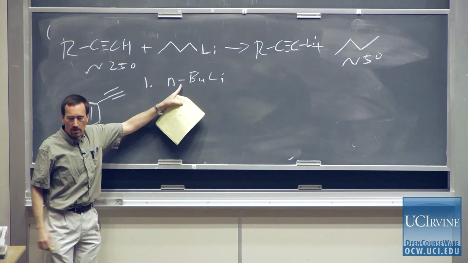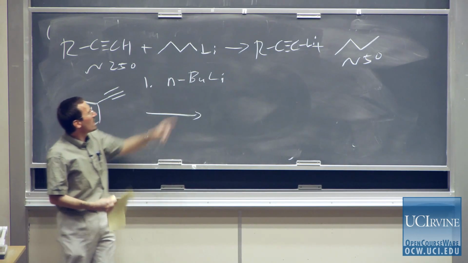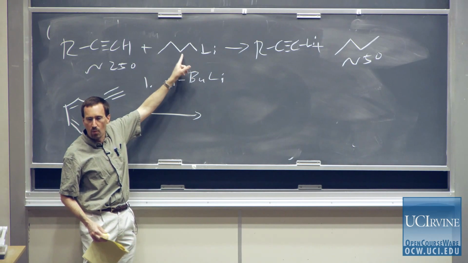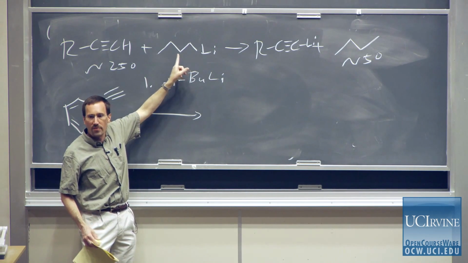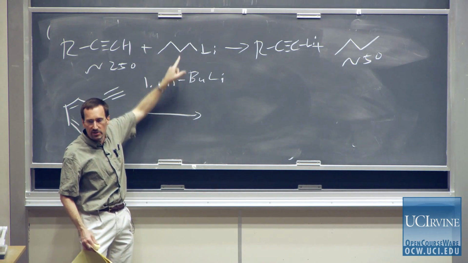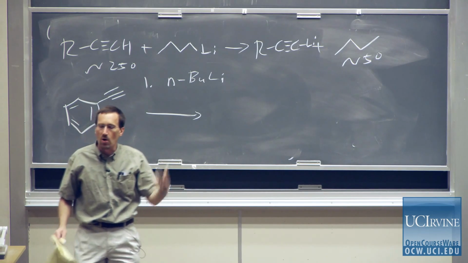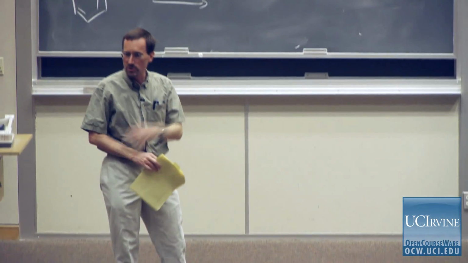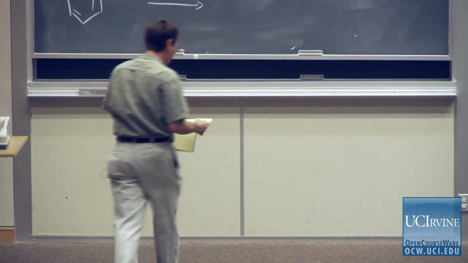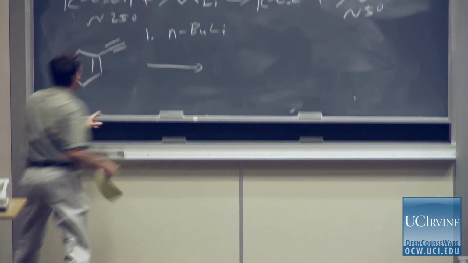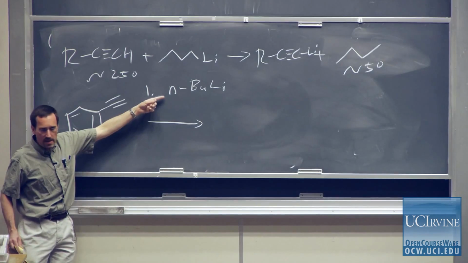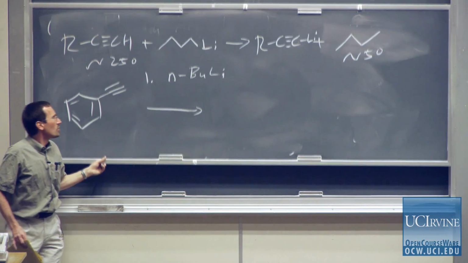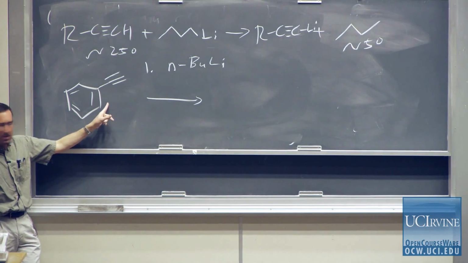N means normal, a fancy way of saying it's the regular 1-butyl lithium, rather than the lithium being at the 2 position of butane, which is called sec-butyl lithium, or being on a tertiary butyl group, which is called tert-butyl lithium and is a stronger base. Anyway, let's envision using the common reagent n-butyl lithium.